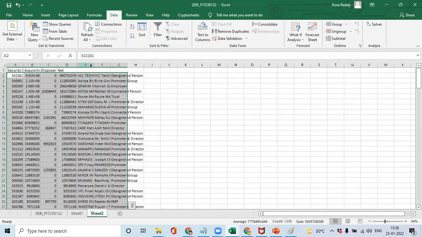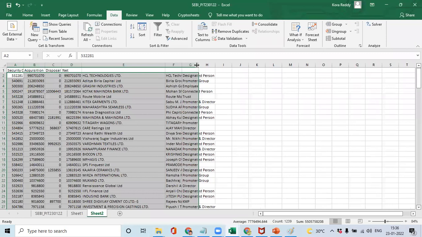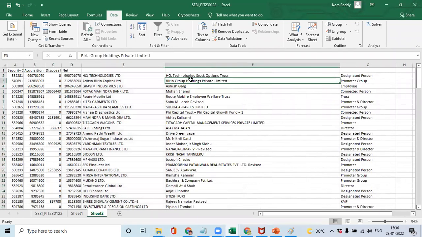So these are all the big transactions that happened. Net. And this particular thing may be inaccurate because we are just doing a VLOOKUP. So ideally, if you want to go back and observe in detail, look closely with close eyes.